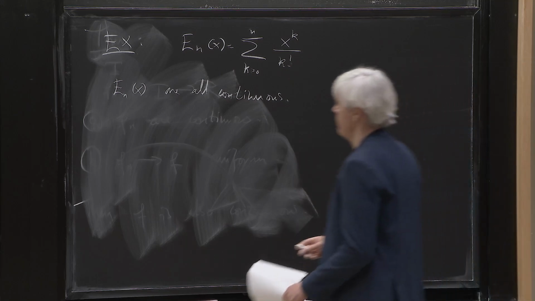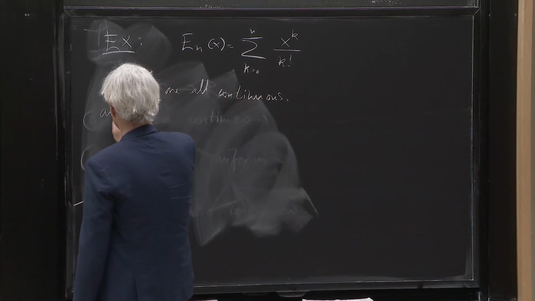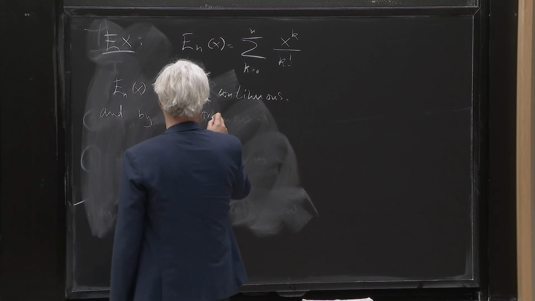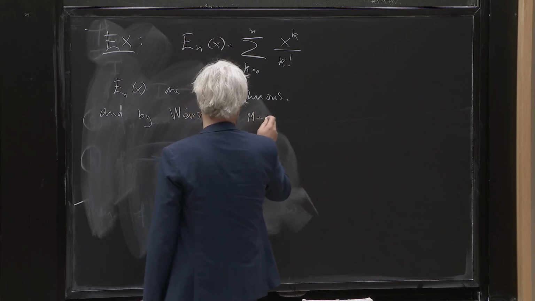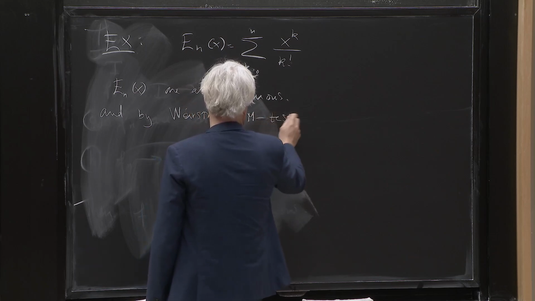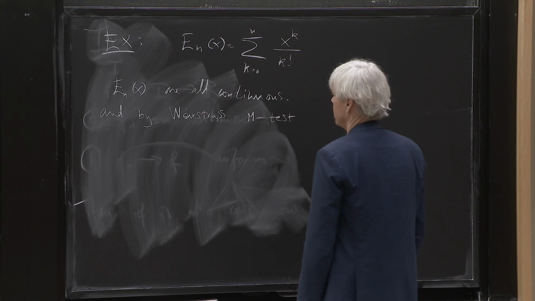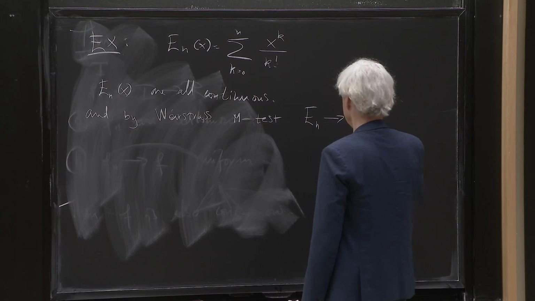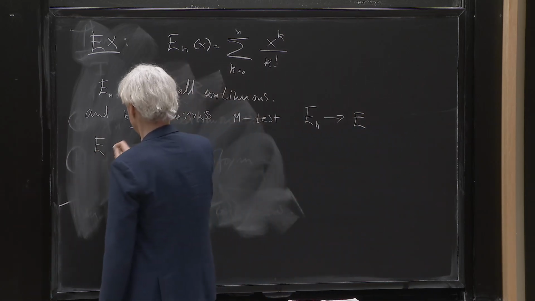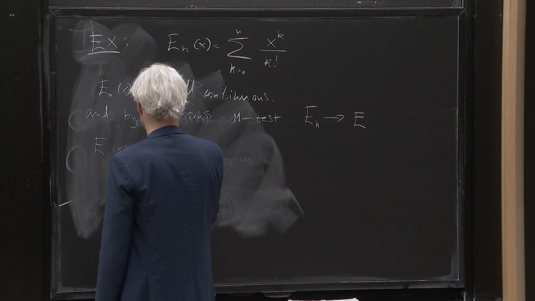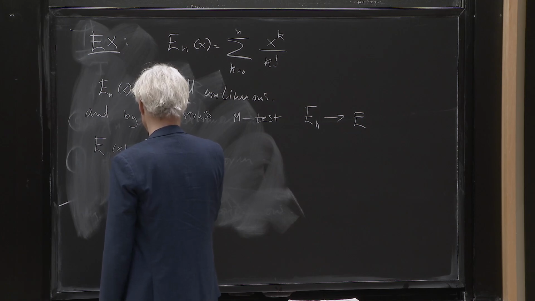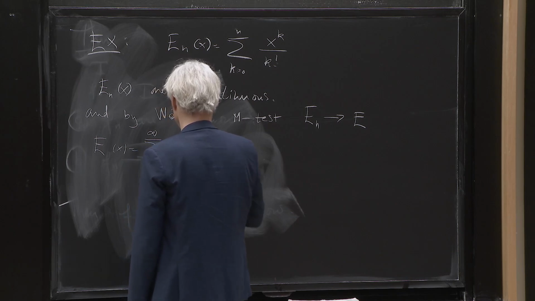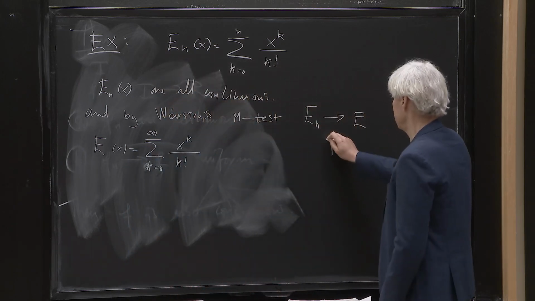And by the Weierstrass M-test that we proved last time, the convergence to E, where E is the exponential function, the power series sum from k equal to 0 to infinity of x^k over k factorial, this convergence is uniform.